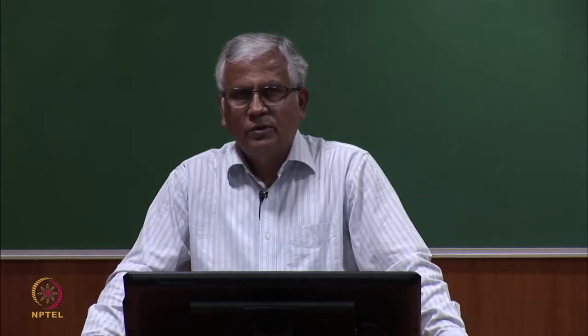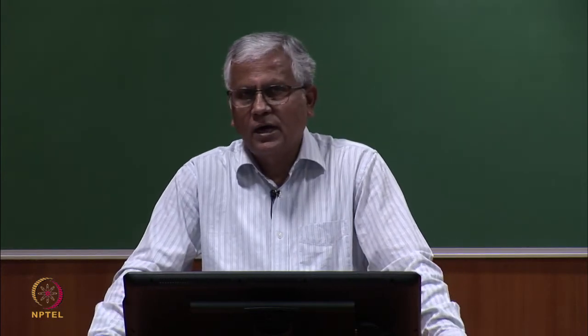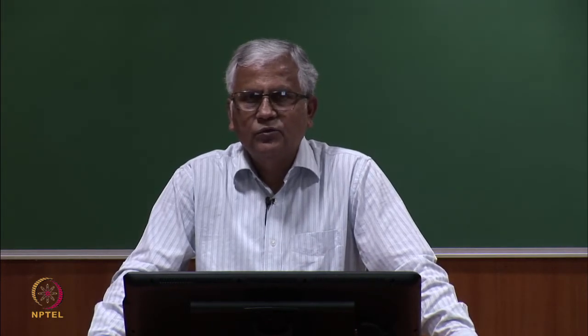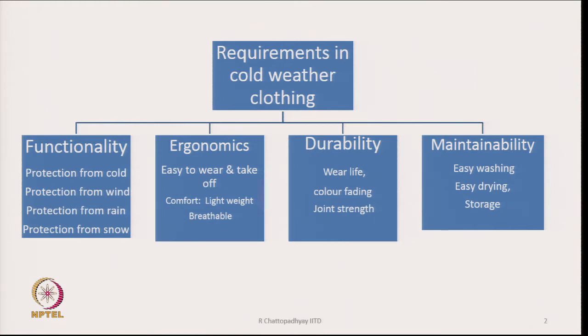Then the other requirement is durability, and if we look at this, that is the wear life. Then the color fading: if the color fades, it will affect the aesthetics, and people sometimes may reject the product because, even though from the functional point of view it is still okay, it no longer looks good. The other thing is the strength of the various joints.